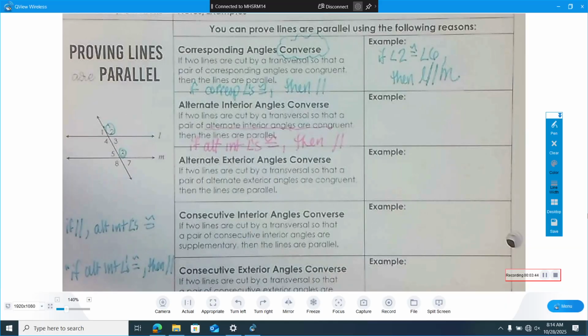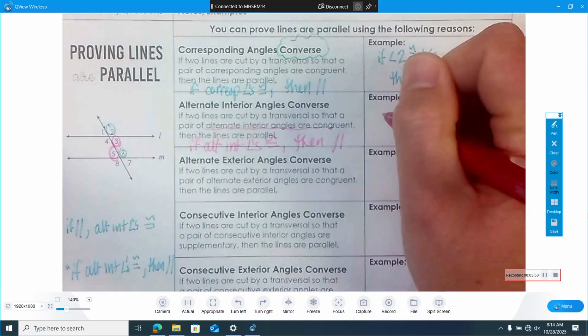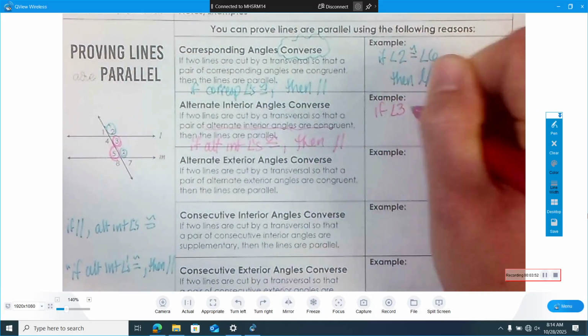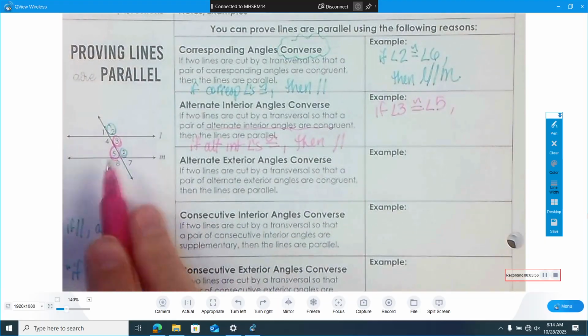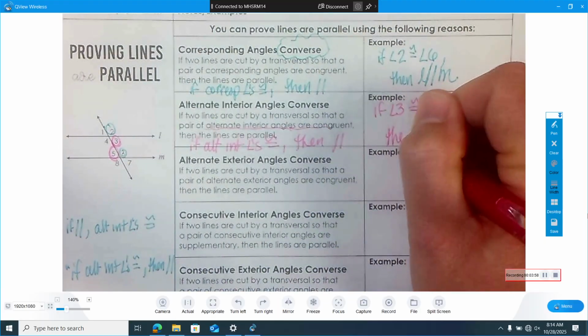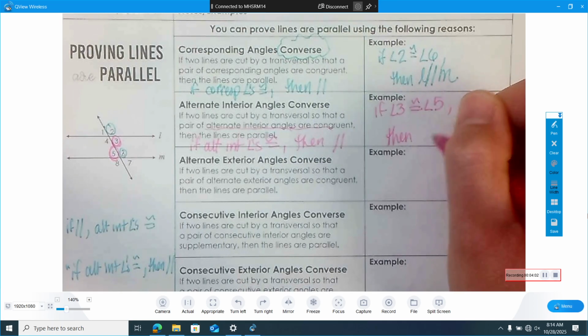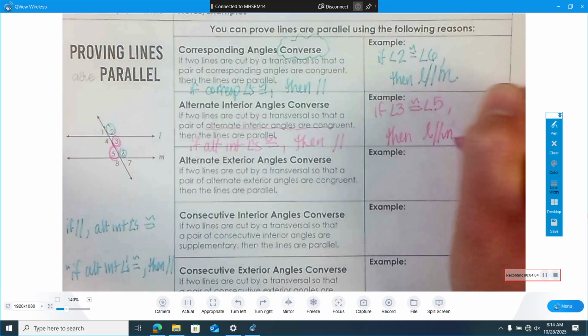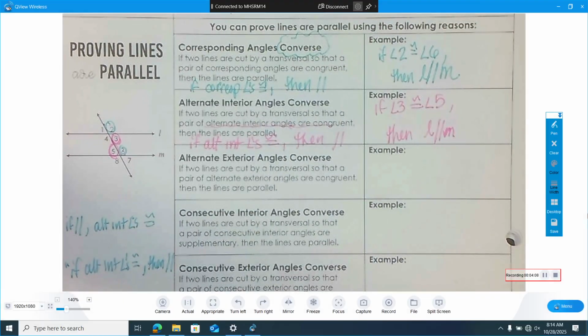So ladies and gentlemen, give me a pair of alternate interior angles. 3 and 5, sure. Angle 3 and angle 5. So if angle 3 is congruent to angle 5, so those are alternate interior angles, then what do we know? Parallel lines. Line L is parallel to line M.